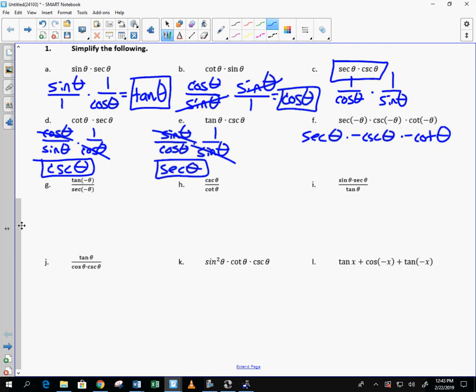Negative times a negative is a positive. Now we can just work it out. I got secant is 1 over cosine times 1 over sine times cosine over sine. One over sine squared, which is cosecant squared.